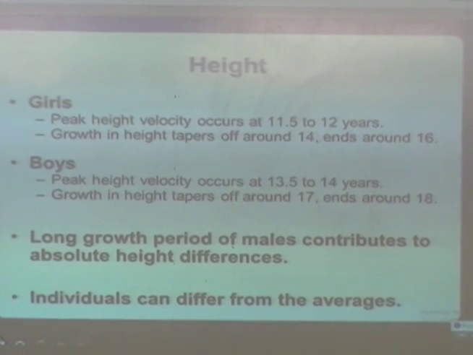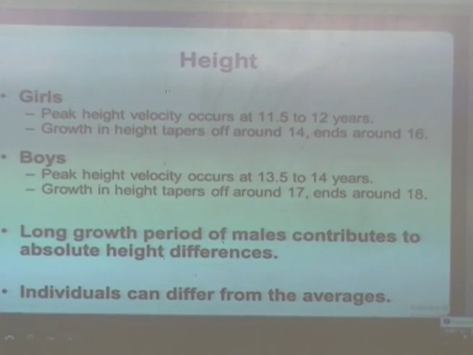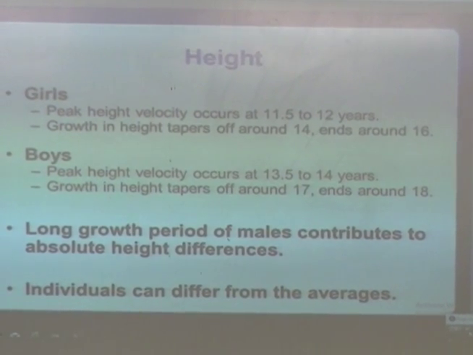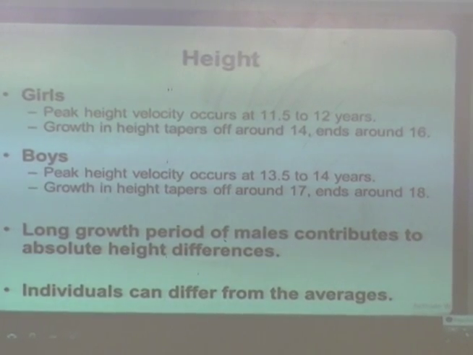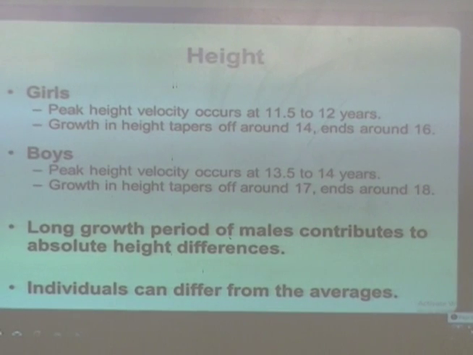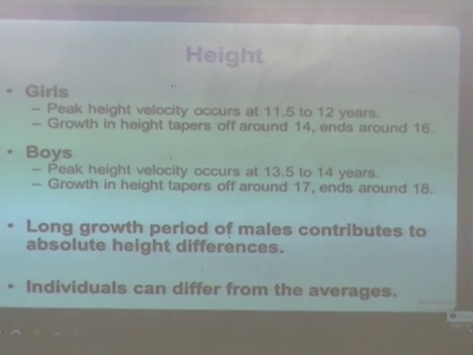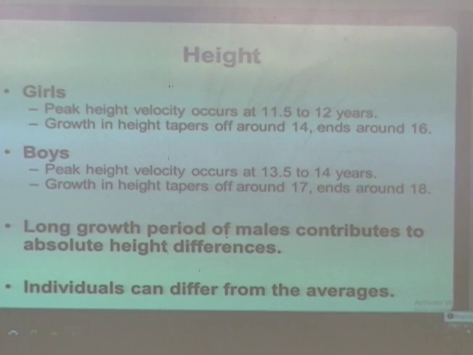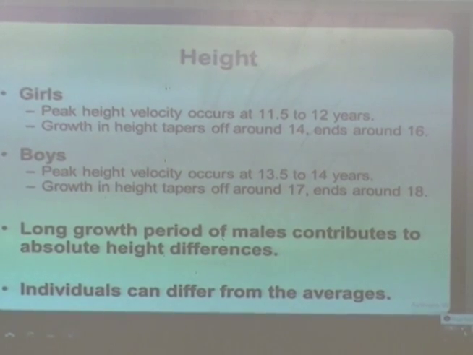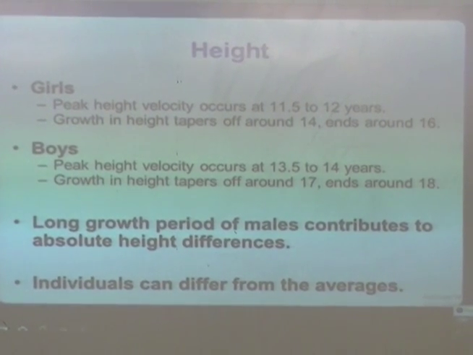Their peak height velocity, so the point in time when they are growing the fastest, is somewhere around 11.5 to 12. So 2 to 3 years after they started. So they're going to be growing quite quickly for a couple of years. And then it's going to get quicker, and then it's going to start to slow down again. Growth in height for girls tapers off around 14.